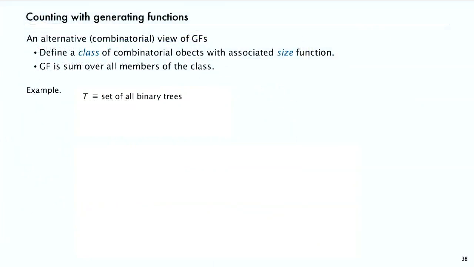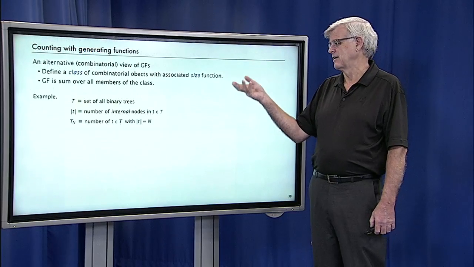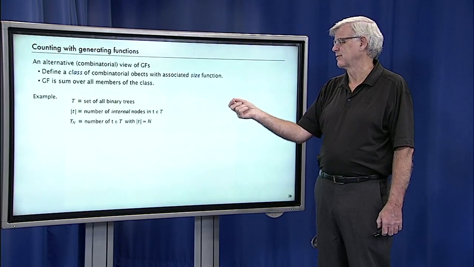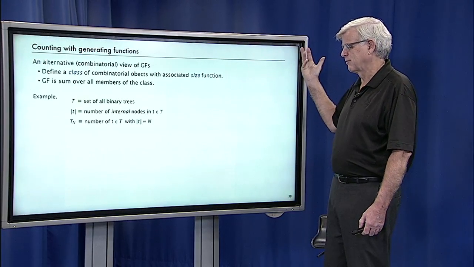So let's say T is the set of all binary trees. Then we're going to define a size function that looks like absolute value. For any binary tree, it's going to be the number of internal nodes in that tree. Now what we're interested in is a counting sequence, as before.